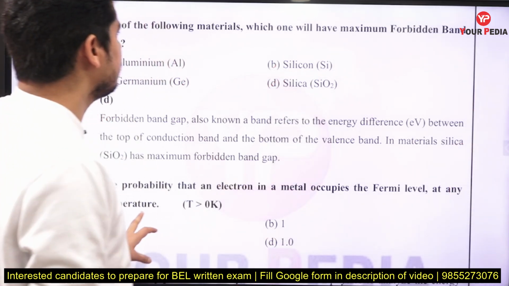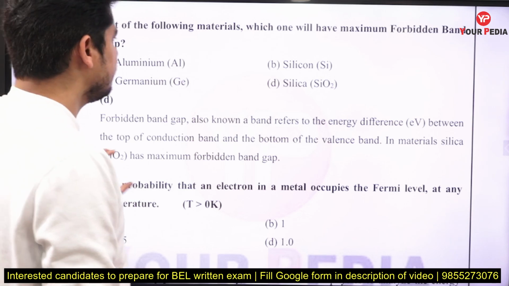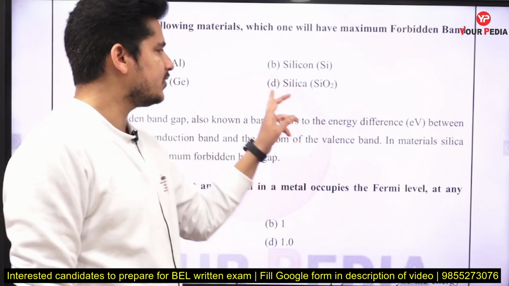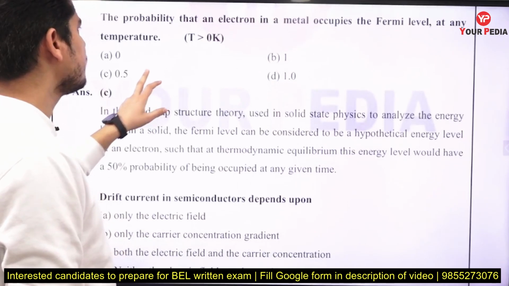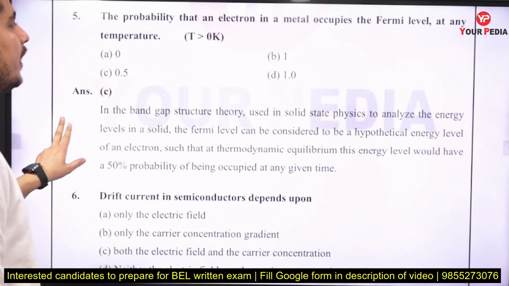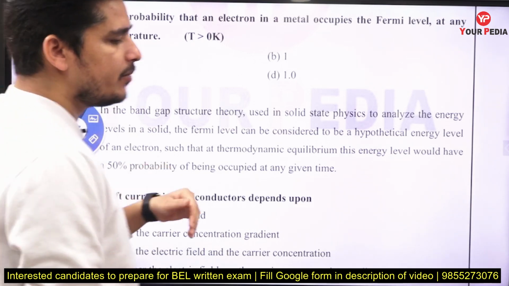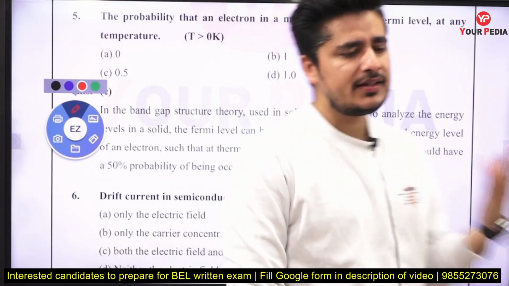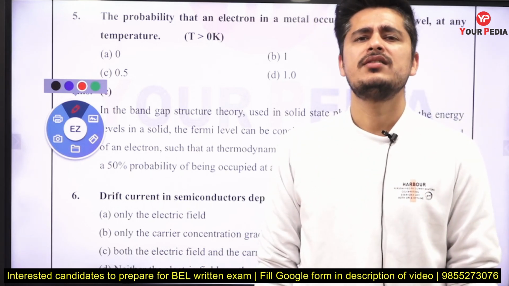So what is the answer for this question? The forbidden energy gap is the maximum in the insulator, and silicon dioxide is an insulator here. The probability that an electron in a metal occupies the Fermi level. Always remember, at the Fermi level, either it is a metal or a semiconductor.